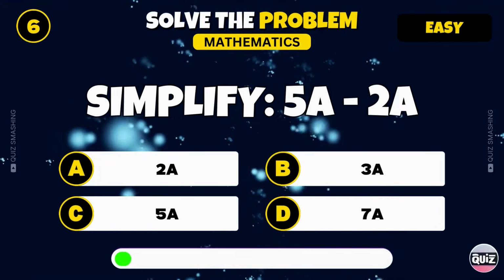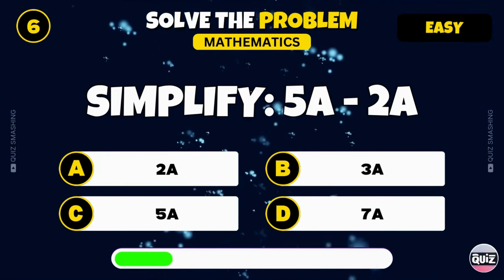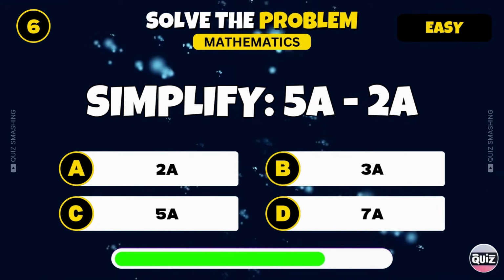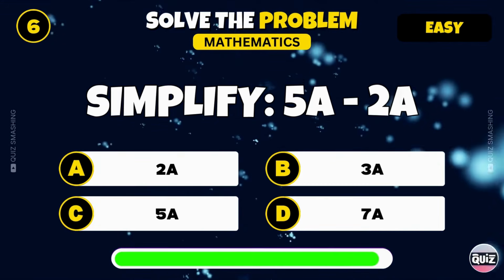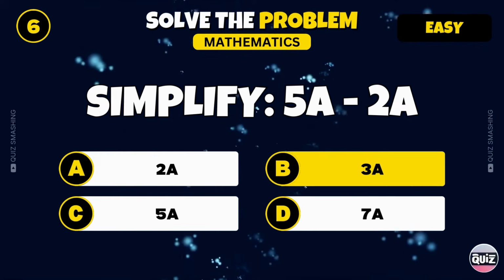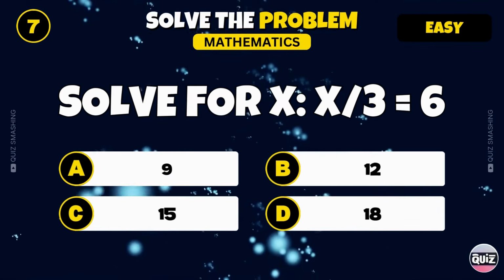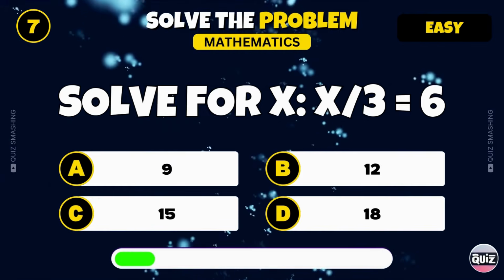Simplify 5a minus 2a. That's right. It simplifies to 3a. Solve for x. x divided by 3 equals 6.